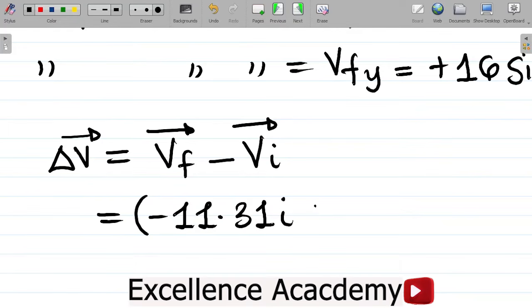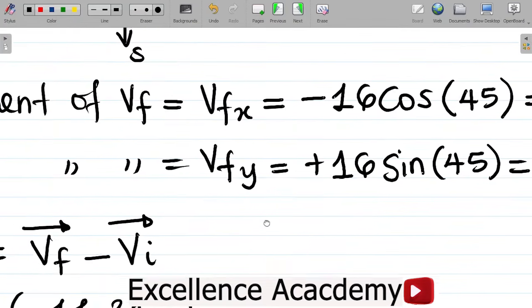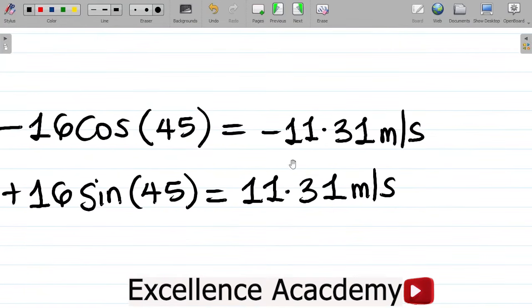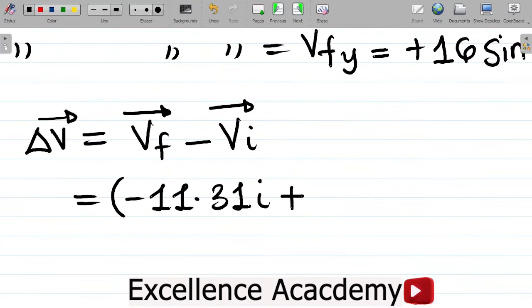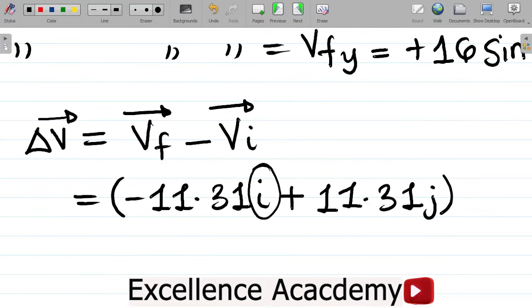Then plus, for final again, you have VFY, which is 11.31 meters per second, so plus 11.31 j. This i simply says that it's on the horizontal axis, and j tells you that it's on the vertical axis.